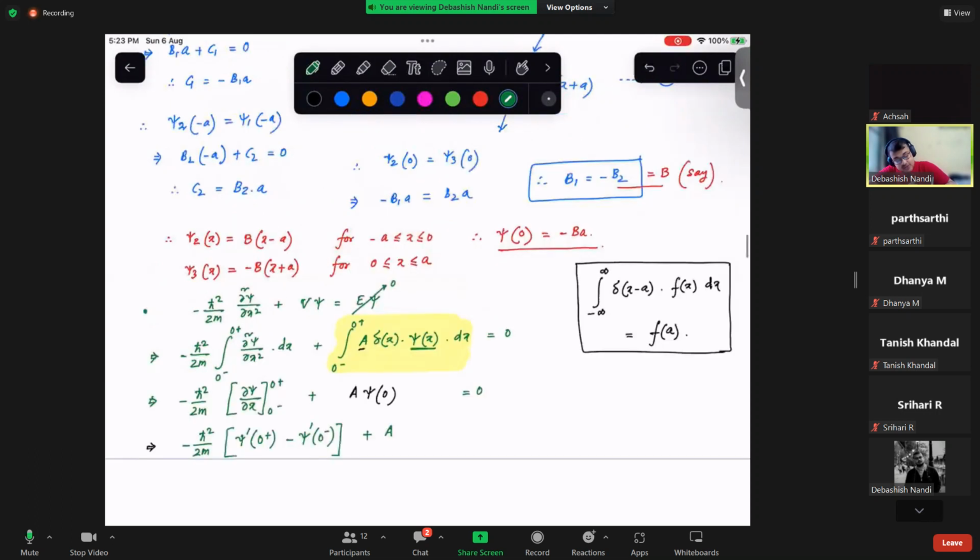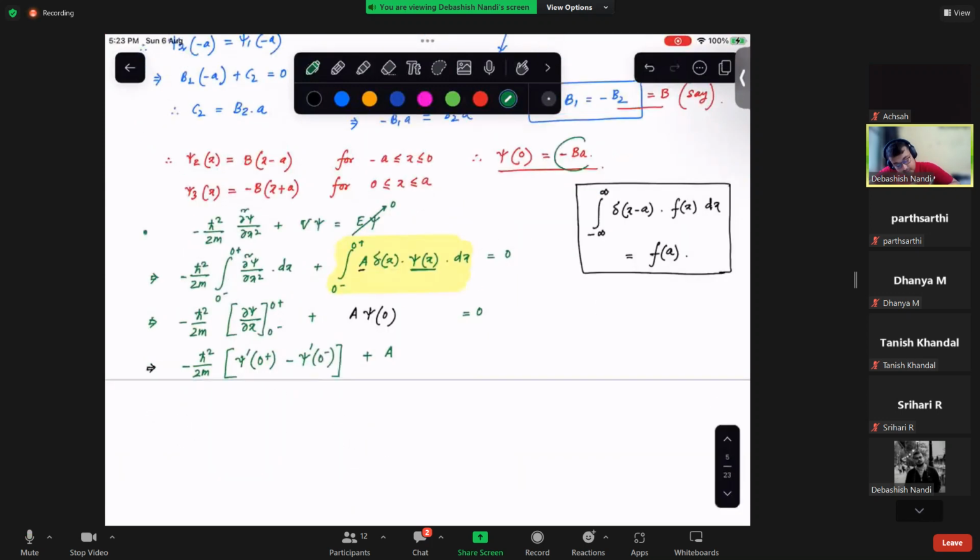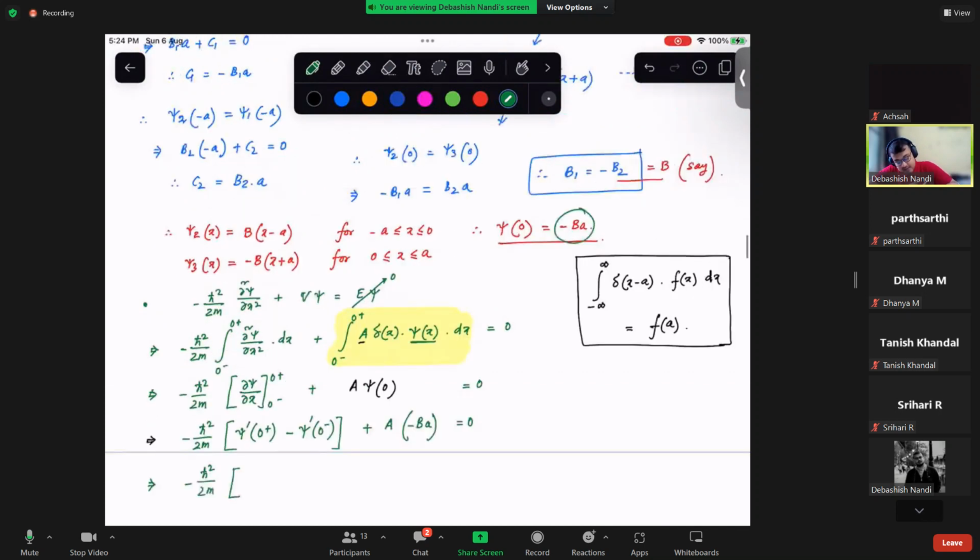What was my psi of 0? Psi of 0 was minus b a, right? So minus b a equal to 0.